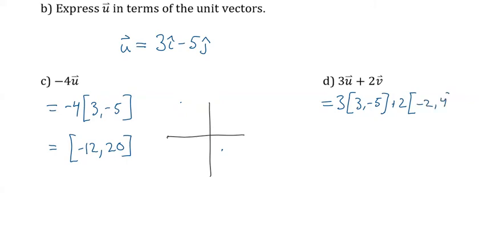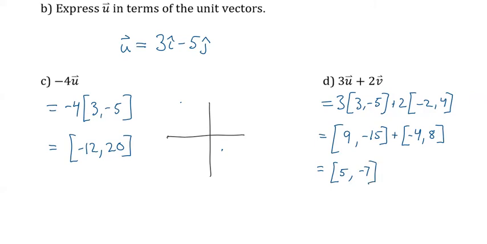Nine minus 4, 5. Negative 15 plus 8, negative 7. Easy enough? Still good? How about the magnitude of u? So this is our formula. Who remembers our formula?